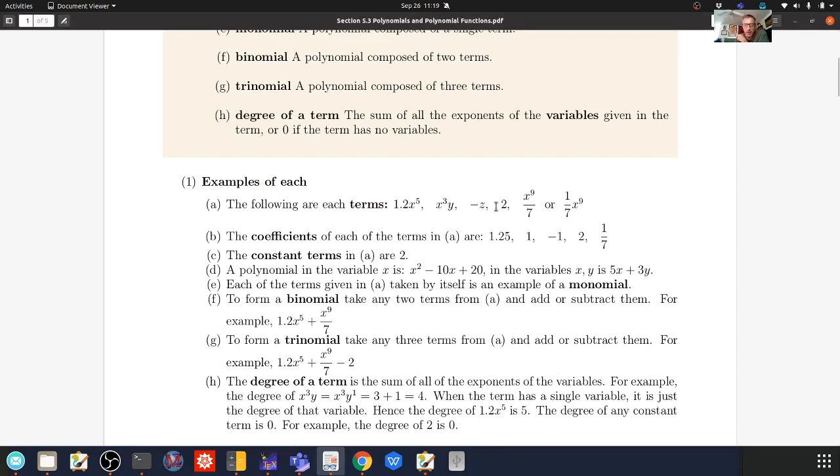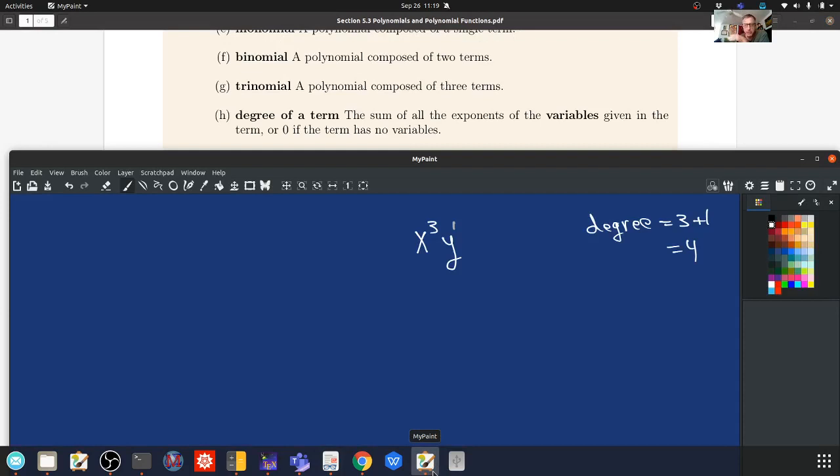Minus z, all of these are terms. Notice, another thing I want to show you, this one here, x to the 9th, was it divided by something? Let's say it was divided by 7. That is the same thing as 1/7 times x to the 9th. We're assuming that you've got this down.